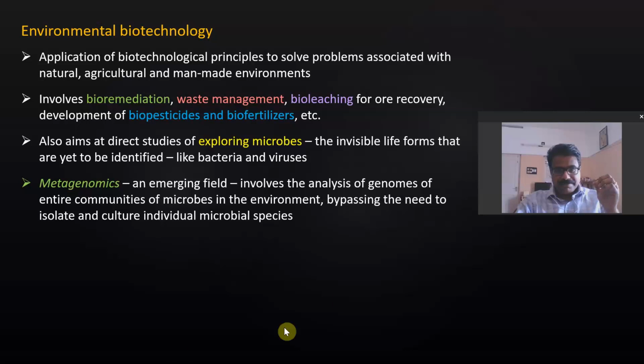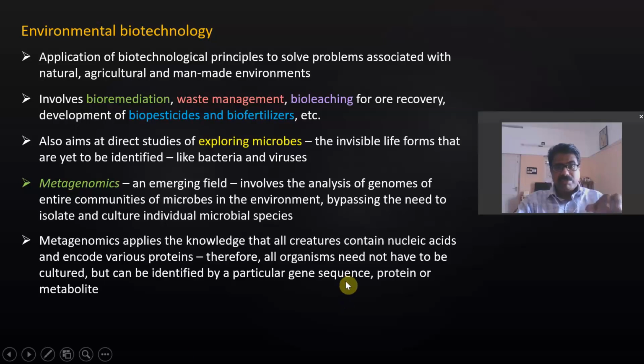This metagenomics is based on the principle that all creatures contain nucleic acids, and these acids encode various proteins, and therefore all organisms need not have to be cultured, but they can be identified. Each one of them can be identified by a particular gene sequence or protein or metabolic incorporate. So that is what metagenomics is: the analysis of the complete genome of the complete microbial community.